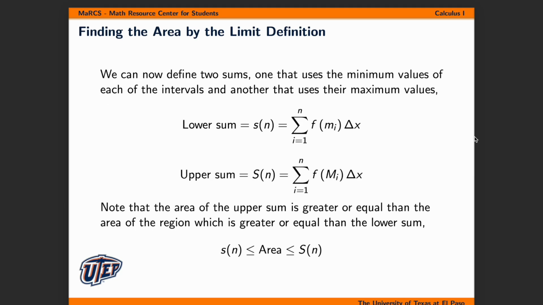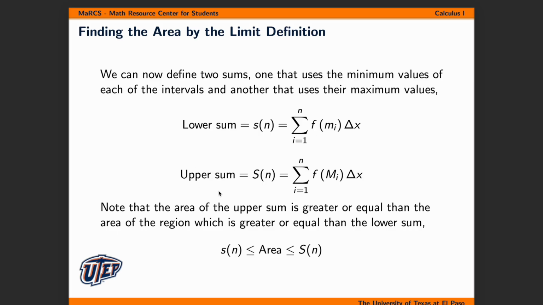We can now define 2 sums, one that uses the minimum values of each of the intervals and another that uses their maximum values. So the first sum will be our lower sum, and that will be denoted by lowercase s of n, and that will be equal to the sum from i equals 1 up until n of the minimum value of f on the ith subinterval, so this f of lowercase m_i, times our delta x.